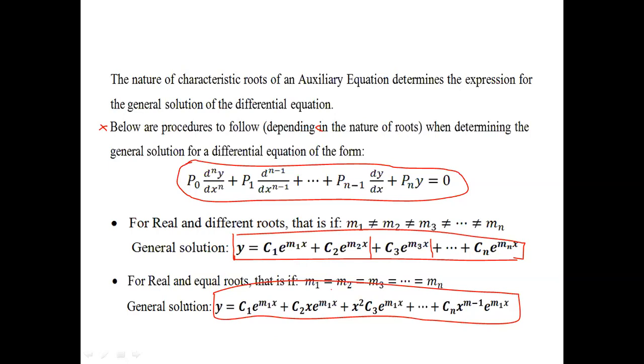Okay, so this is the case when the answers are real and they are equal. So for 2 terms, you end here, like the case we've just discussed on the previous slide.